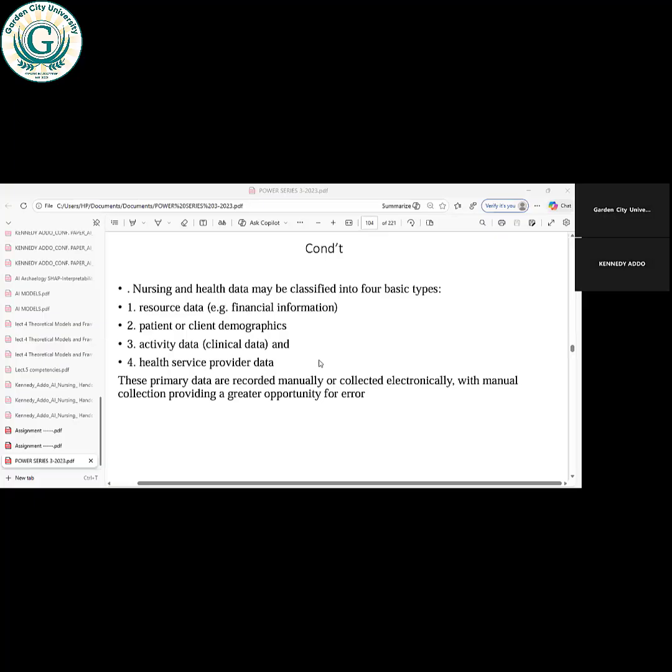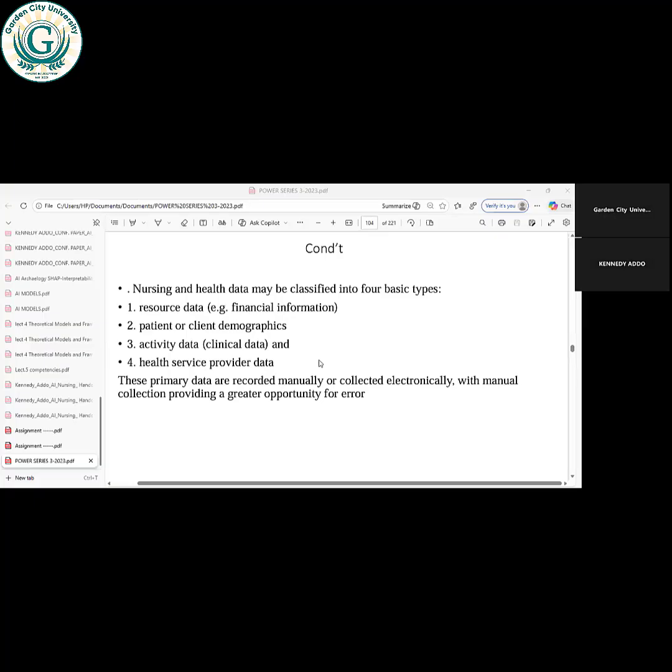Then in terms of health service provider data, in fact, that one goes beyond the activity data. For instance, this one is more administrative. So he made a profound statement that if you want to look at maternal mortality rate within the facility, or the number of people with hypertension or prostate cancer, all of them can be classified as health service provider data.